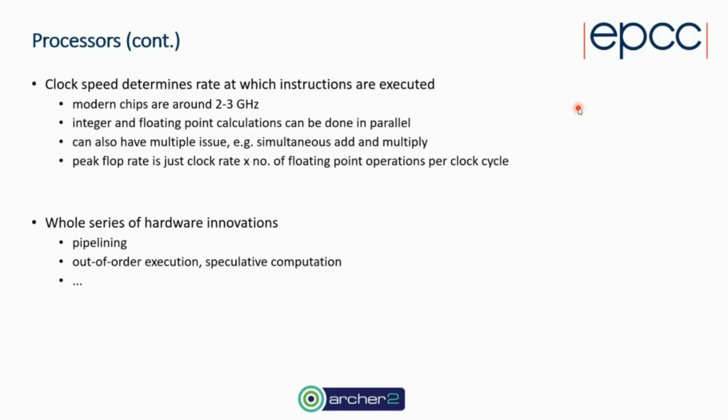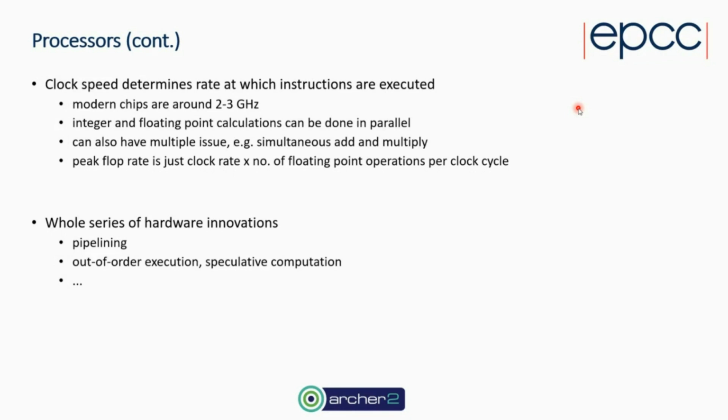And so, if our code is structured in the right way and efficiently using all parts of a processor, we have the ability to do more things per clock cycle than you would expect. And then underlying all of that, there are a whole series of hardware innovations and changes that have happened to processors over the past 30 or 40 years, which have aimed to speed up performance for applications.